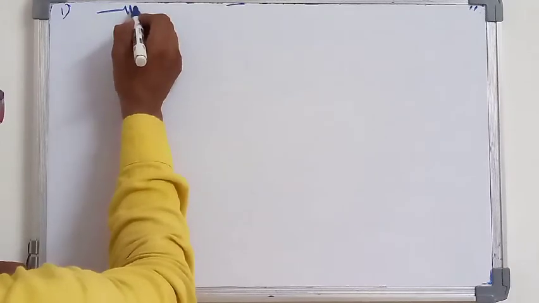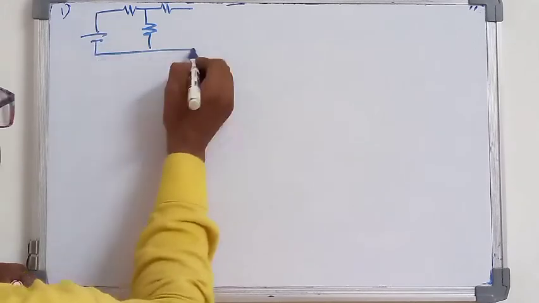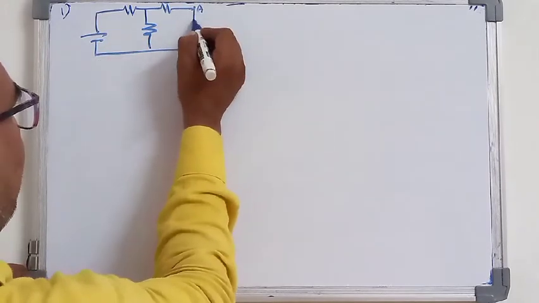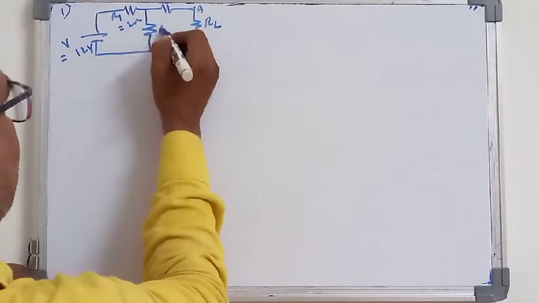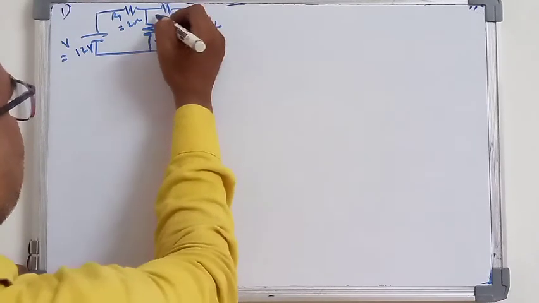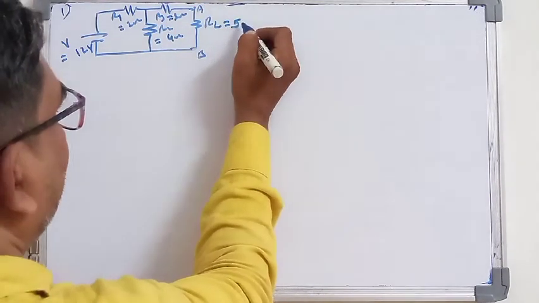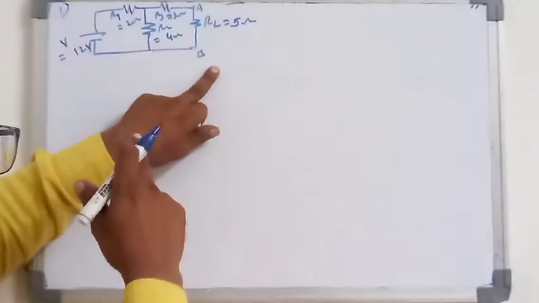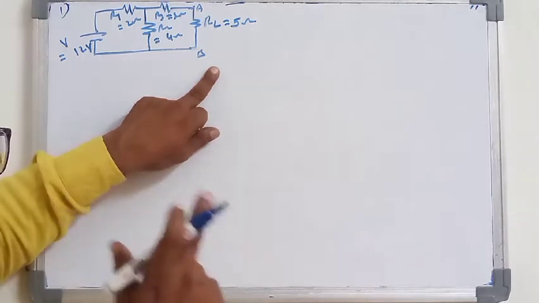So consider the circuit, terminal AB, the load resistance RL, V is equal to 12 volt, R1 is equal to 2 ohms, R2 is equal to 4 ohms, R3 is equal to 3 ohms, and RL is equal to 5 ohms. Okay, this is the circuit which we have drawn. Now what is the question? Find the Thevenin's equivalent.